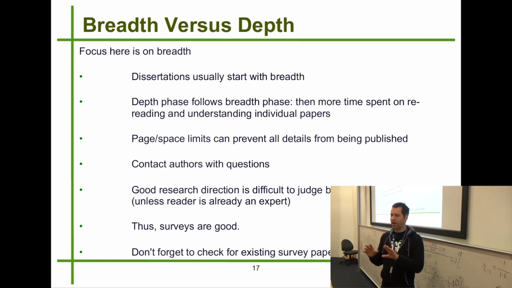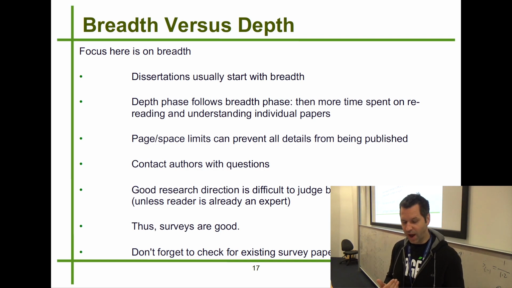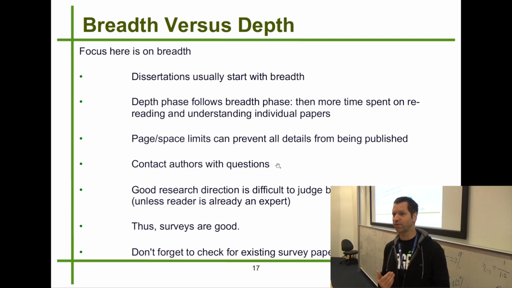You might see a paper and say, I want to reproduce this, but maybe there are some things they left out that even prevent you from reproducing it. You can actually contact the authors of the paper if you have questions. You say, oh, I don't understand what you did here. You can write to the authors, and usually they will reply, usually.